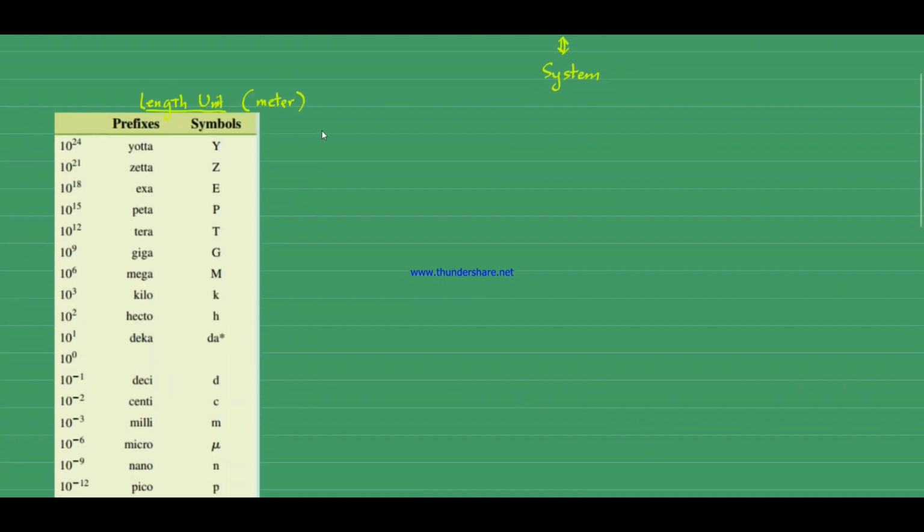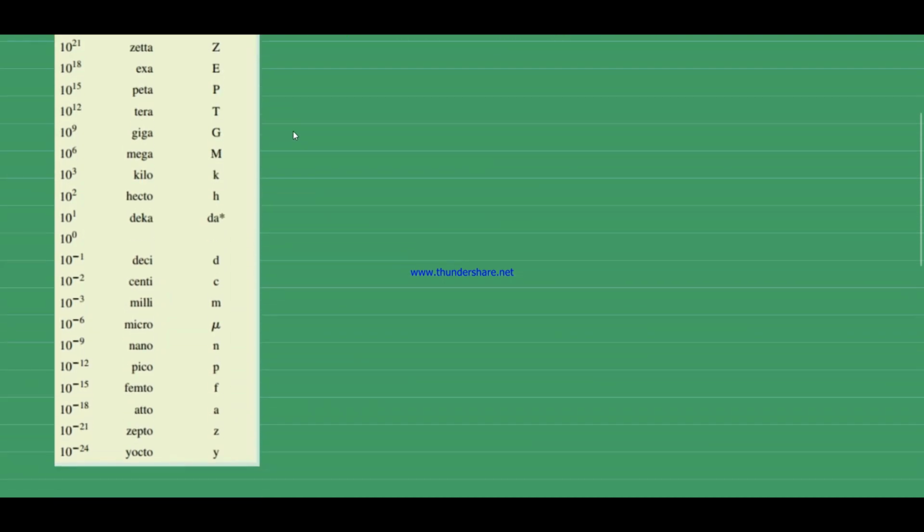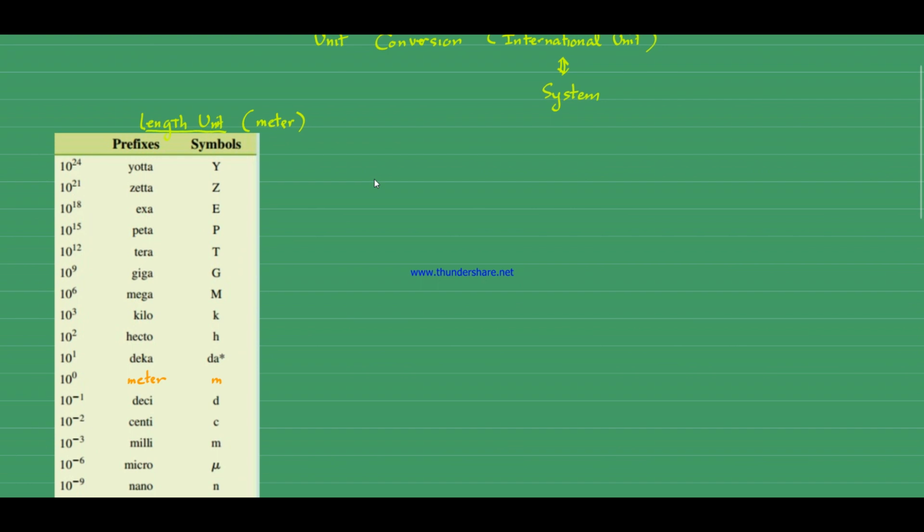Because we are talking about meters, over here we will have meter. Later on, when we talk about the area unit or the volume unit or the temperature unit, we also use this table.